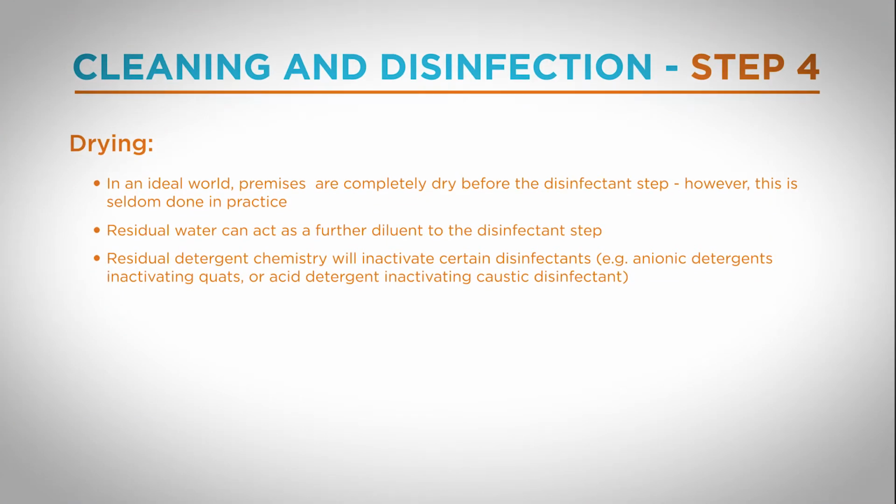But more importantly, the quat molecule, which is supposed to disinfect, will not be able to kill anything because it's tied up with a detergent molecule. So if we used an anionic detergent in our soaking step and we didn't rinse properly and there's residue of that detergent, and then we're disinfecting with a quat, you might see some of that inactivation effect. So it is very important then to actually dry surfaces to make sure that that doesn't occur.